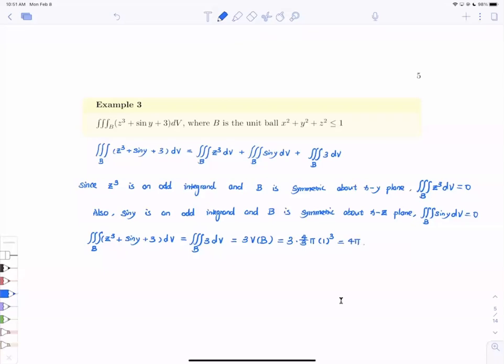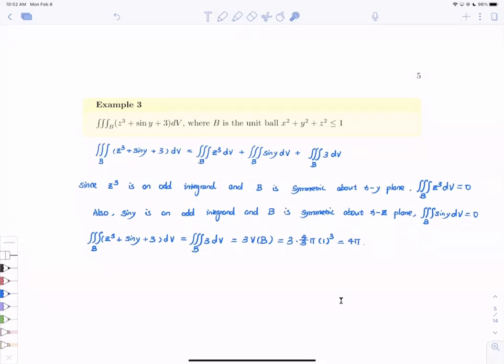All right. So this question, we can write this integral as the triple integral over B of z cubed plus the triple integral over B of sine y dV plus the triple integral over B of 3 dV.